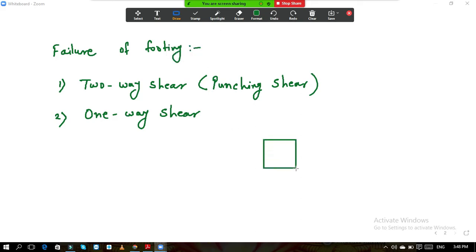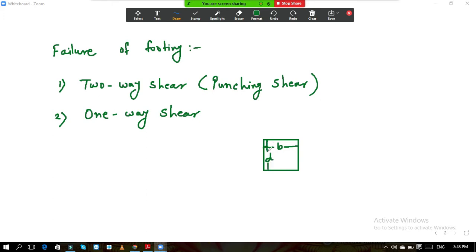Suppose now this is my column. This dimension is B, the cross-sectional dimension, and this dimension is D, the depth.